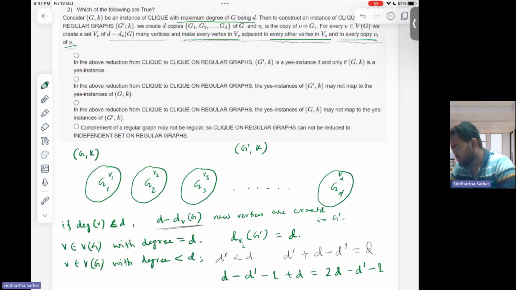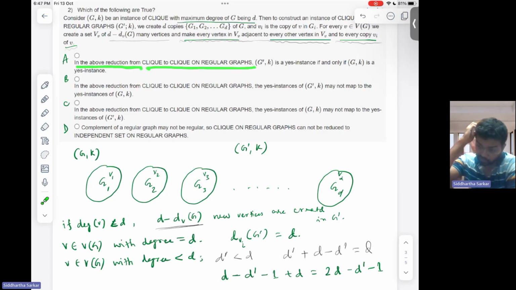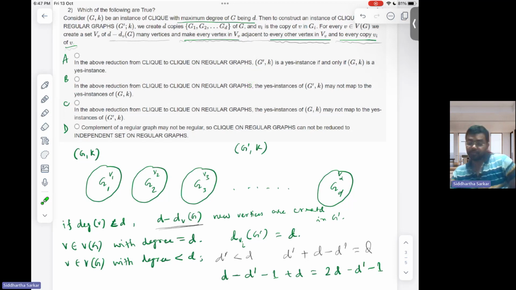So now let's look at the statements. The first one, let's mark in ABCD. The first statement says that if in the above reduction from clique to clique on regular graphs... So actually the reduction is not correct in the sense that the graph G dash may not be regular.